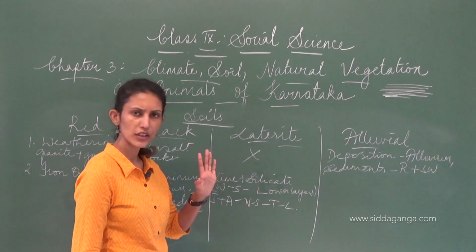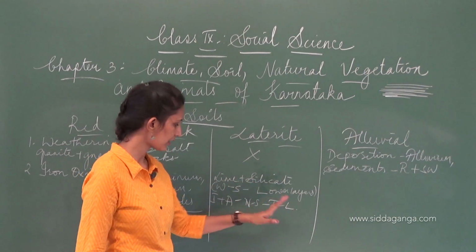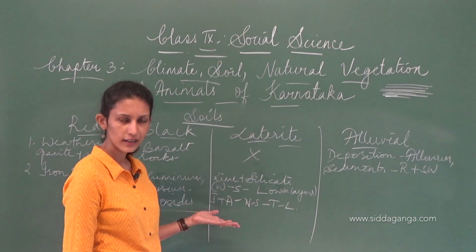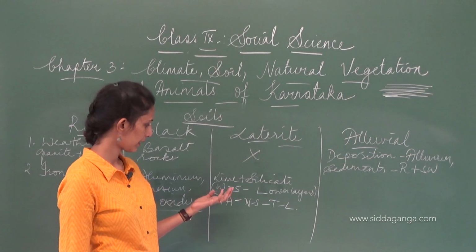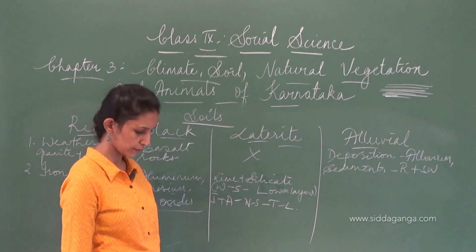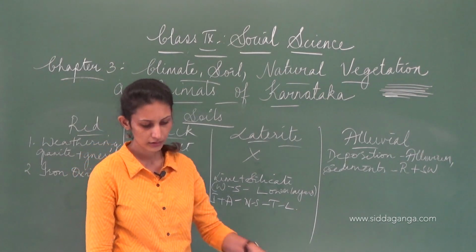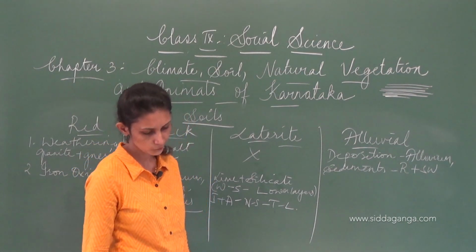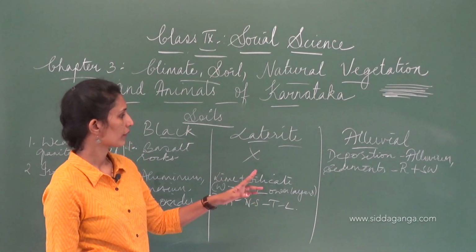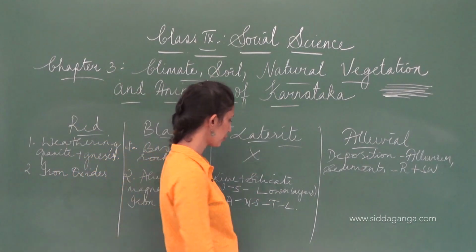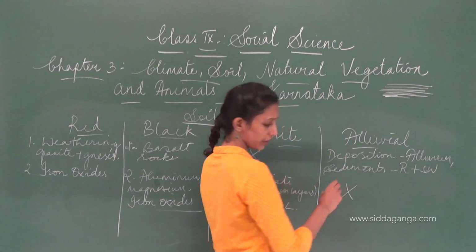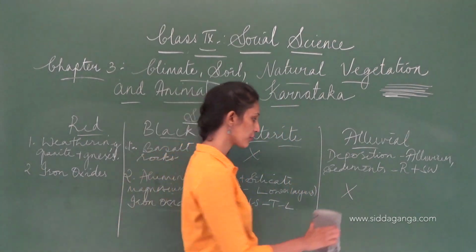Okay, you may draw the pictures, you may write it like this. If you can understand T, L, N, S, A, I, well and good. If you cannot understand, write it in the full word. That is done. Then, next in alluvial soil, you don't have anything, you have organic nutrients.